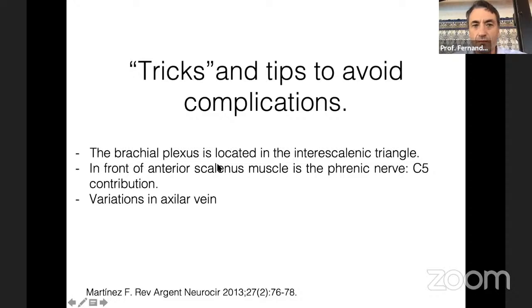And the phrenic nerve is located over the anterior surface of the anterior scalenus muscle. And this is the tip: C5 frequently gives a small branch to the phrenic nerve. So if we follow the phrenic nerve from the anterior aspect of the scalenus muscle to C5, we can find C5.